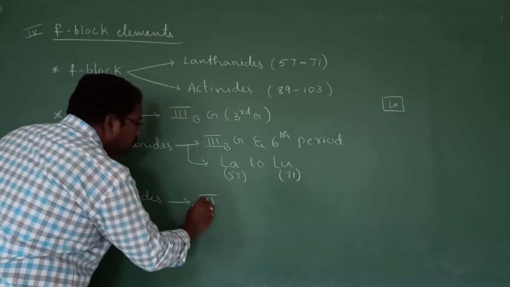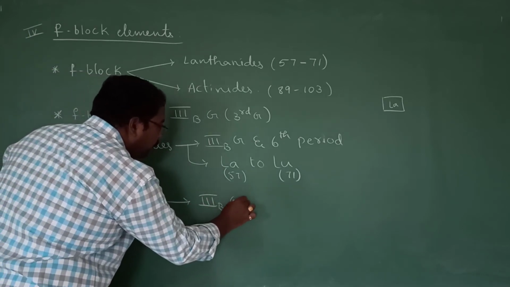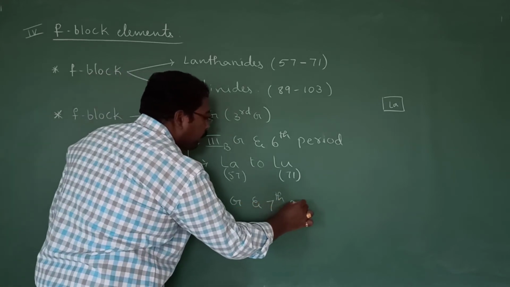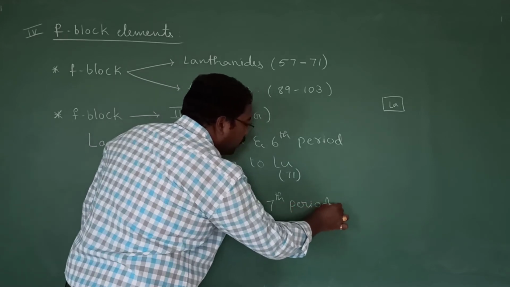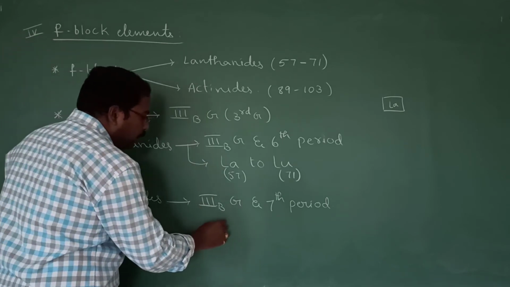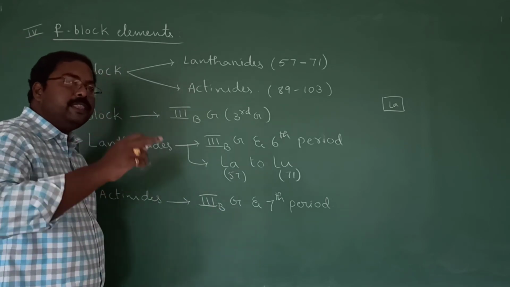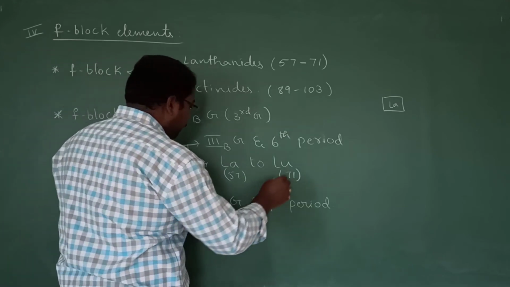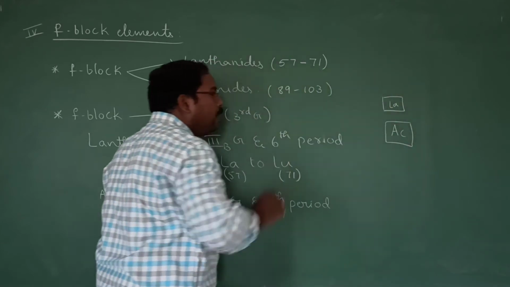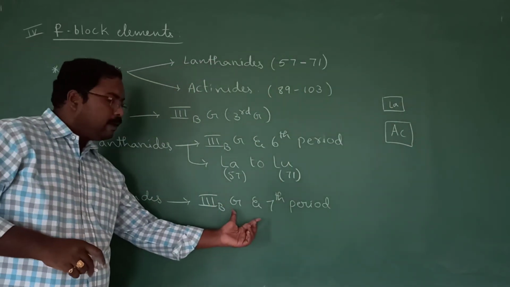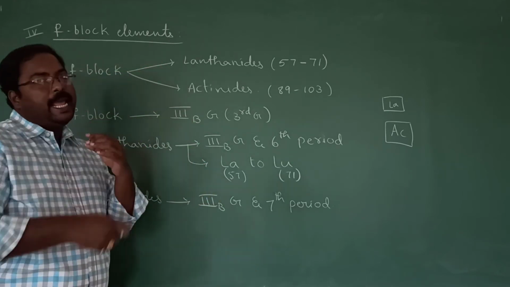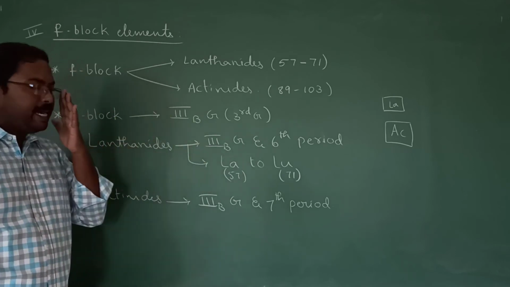In the same way, actinides belong to third B group and seventh period. This is the location. If you observe the elements in the third B group, seventh period, you will find the element Ac, a block. All actinides belong to that block only, meaning the elements followed by actinium are known as actinides.